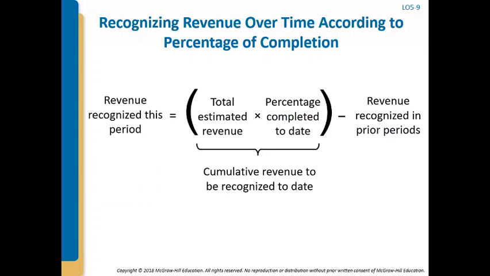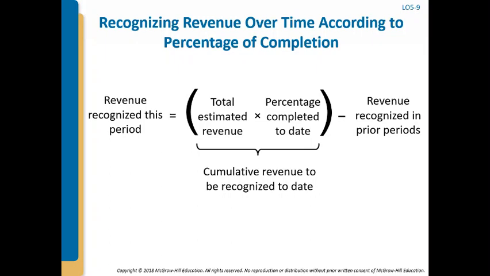All right, so how do you recognize revenue over a certain period of time? Well, what you have to do is take your total estimated revenue times the percentage completed to date, and then from that subtract revenue recognized in prior periods.